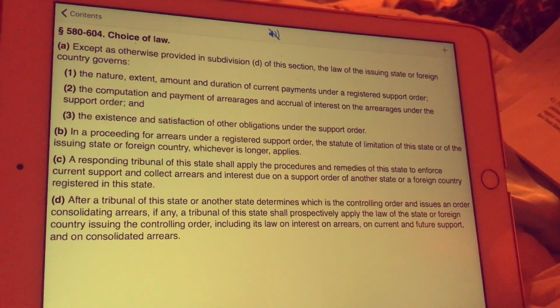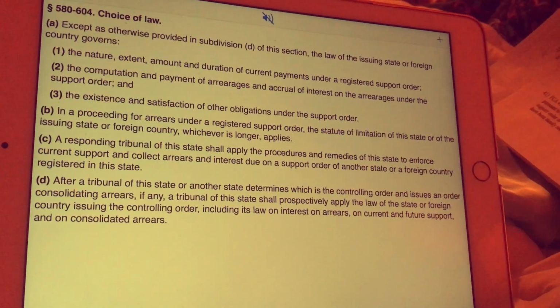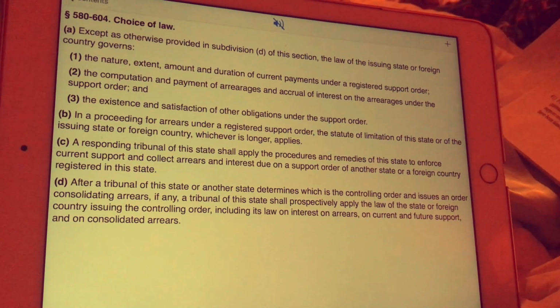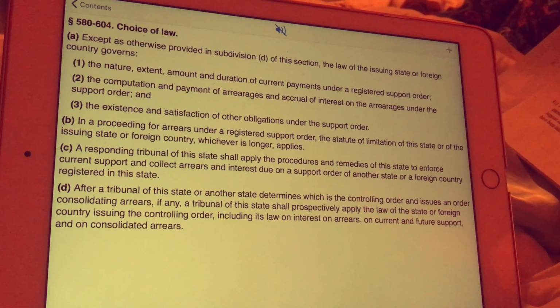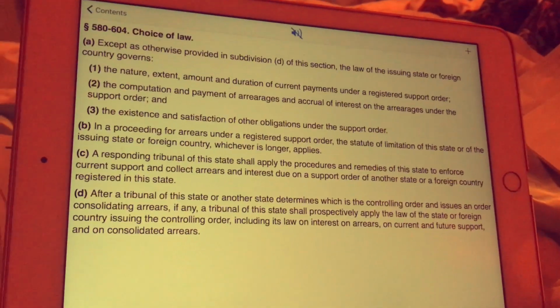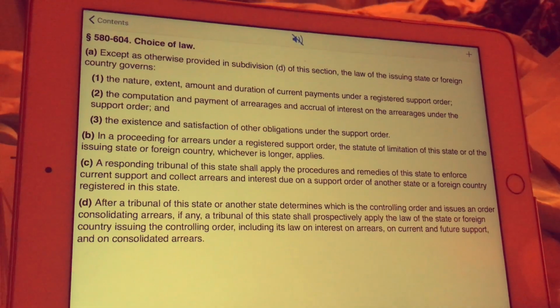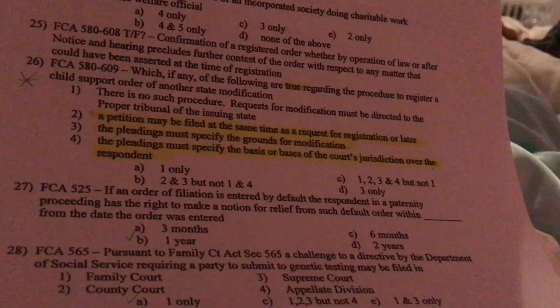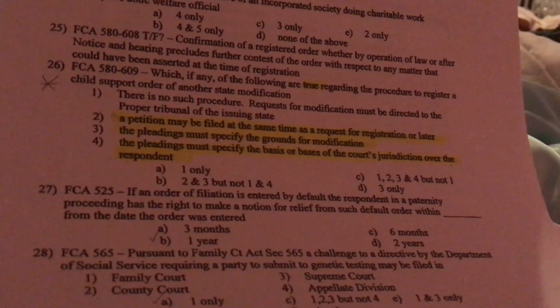D. After a tribunal of this state or another state determines which is the controlling order and issues an order consolidating arrears, if any, a tribunal of this state shall prospectively apply the law of the state or foreign country issuing the controlling order, including its law on interest on arrears, on current and future support, and on consolidated arrears.